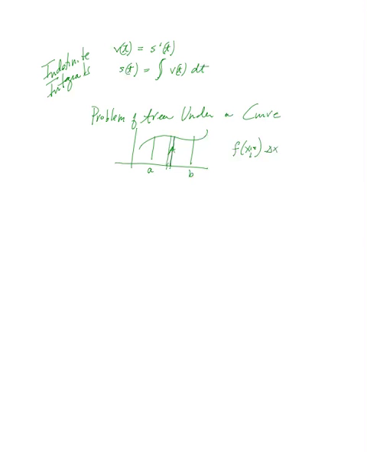We partitioned the x-axis between a and b into n equal subintervals. We formed a rectangle over each of those subintervals.